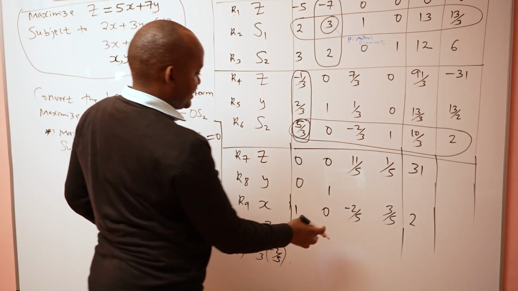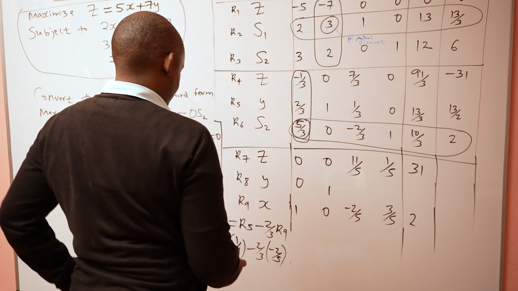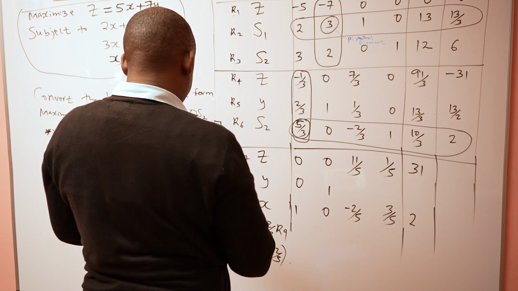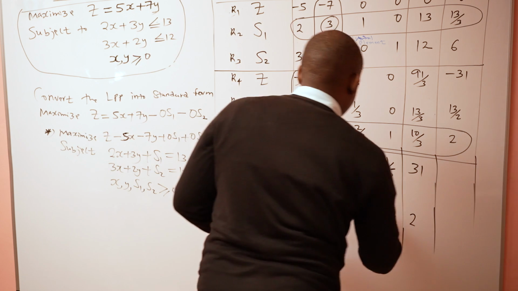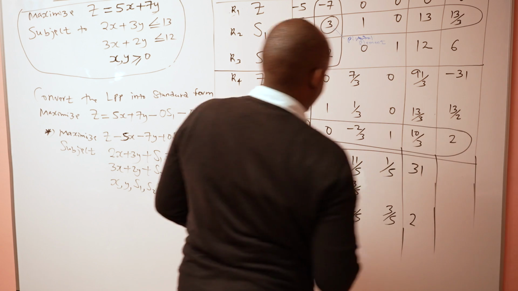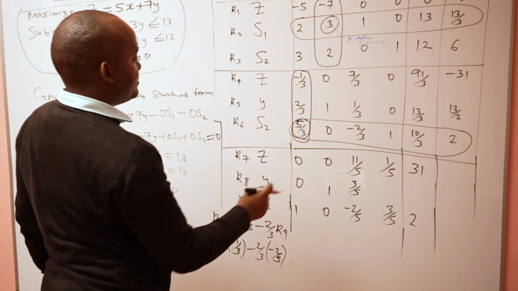Negative 2 over 5 is in row number 9, which is going to give us 3 over 5.